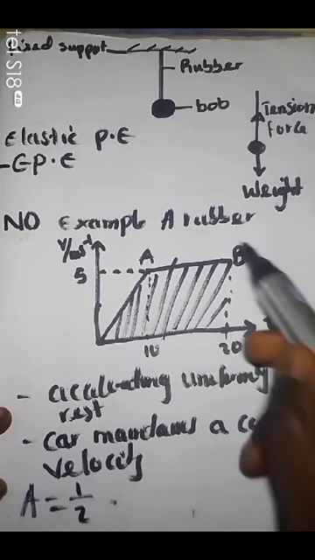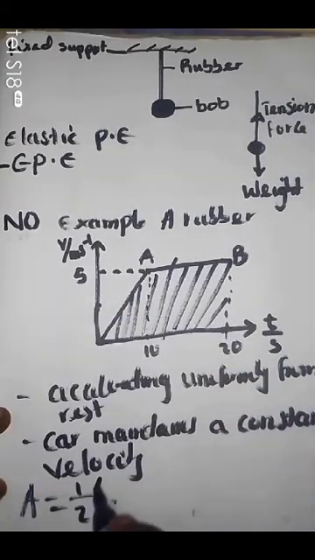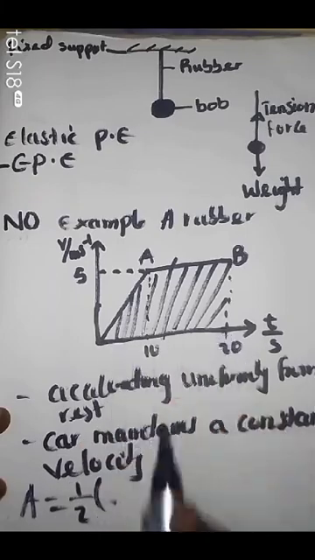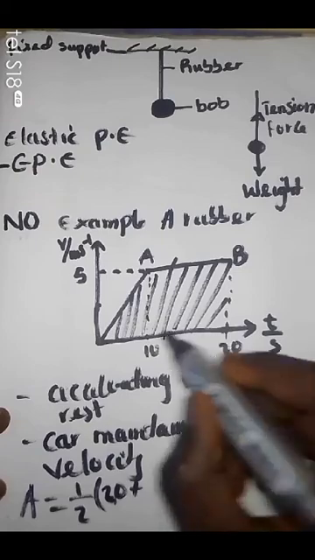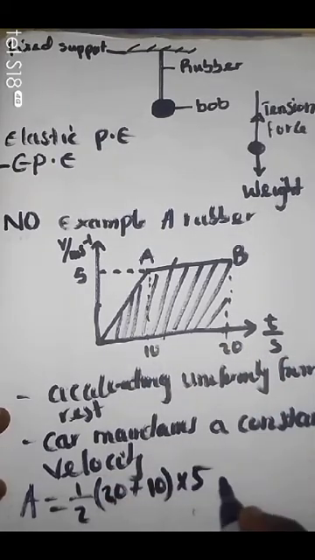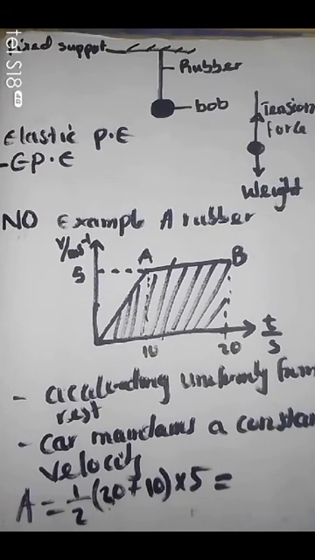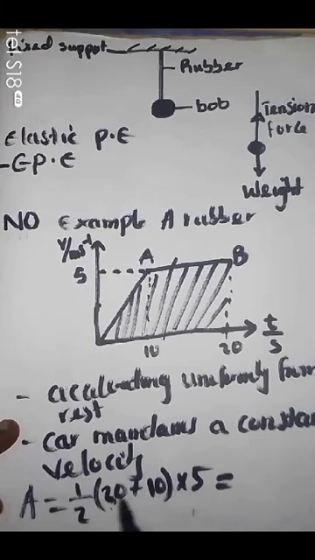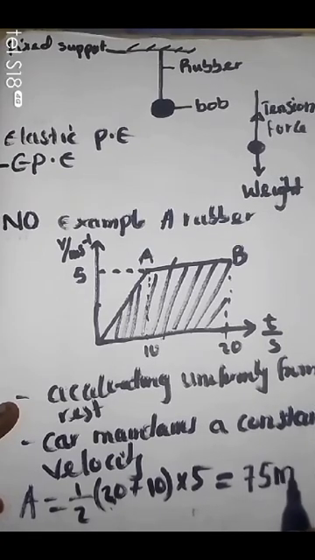These are the parallel sides. So I have half of 20 plus, from here to here, 20 minus 10, which gives me 10, times the height, which is 5. So 20 plus 10 is 30, 30 over 2 gives us 15, and 15 times 5 gives us 75. So the distance traveled is 75 meters.